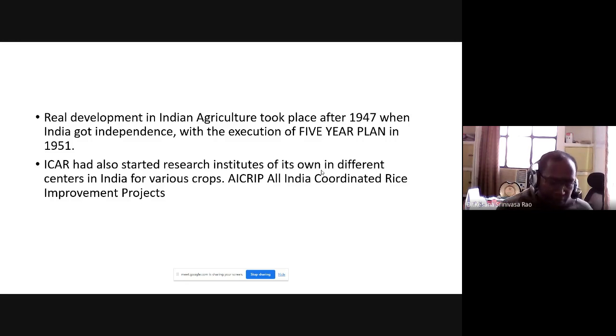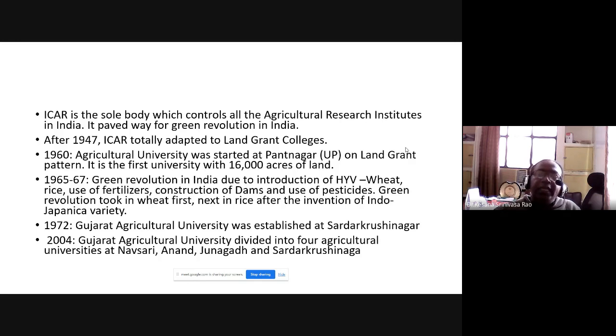Only when we were not in a position to feed our people did the Green Revolution emerge during the 1960s. That was the greatest revolution agriculture has brought in India. Agriculture universities were started, the first at Pantnagar, with 16,000 acres of land.